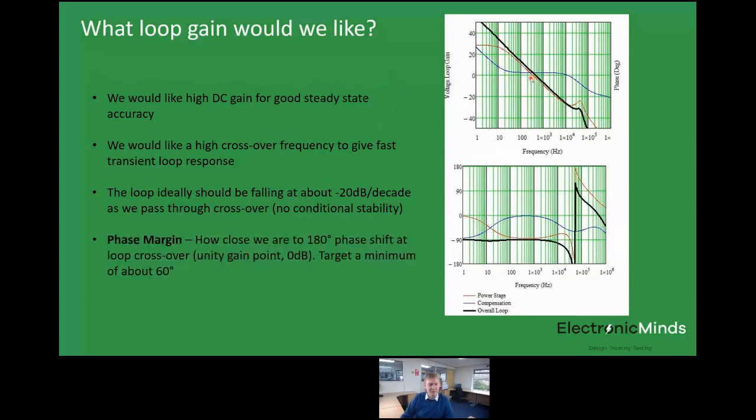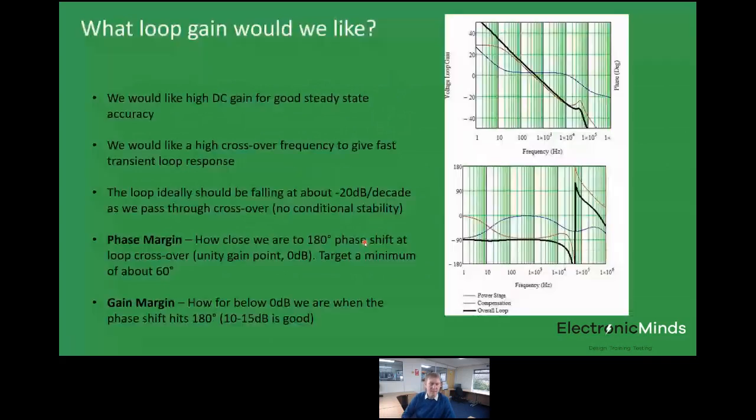And there's a couple of definitions. Phase margin, you're probably very familiar with this. The phase margin is how close we are to 180 degrees phase shift at that loop crossover, the unity gain point. We typically target a minimum of about 60 degrees, or 50 to 60 degrees is reasonable.